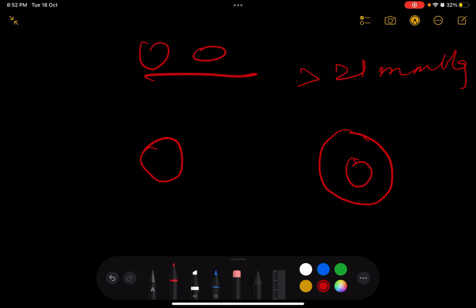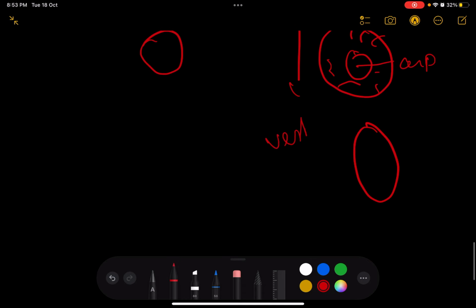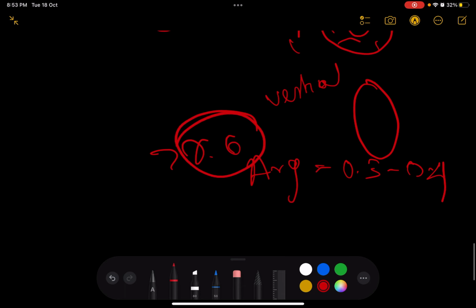If you want to think about it, optic cup is where the neurons come, and optic disc is where the arteries are. Now what happens is that because of the stretching, the optic cup becomes more vertical. Okay, and the ratio of the optic cup and the optic disc now becomes more than 0.6. The average is obviously 0.3 to 0.4, but if someone asked you, the normal is all the way up to 0.6. So that's what I'm trying to say.